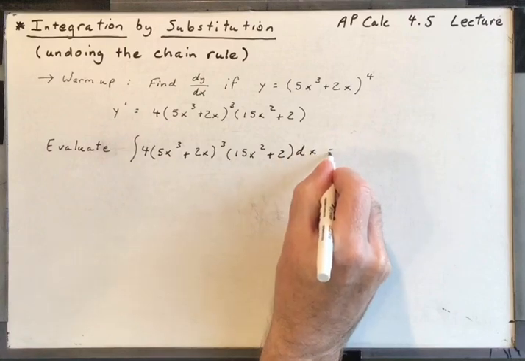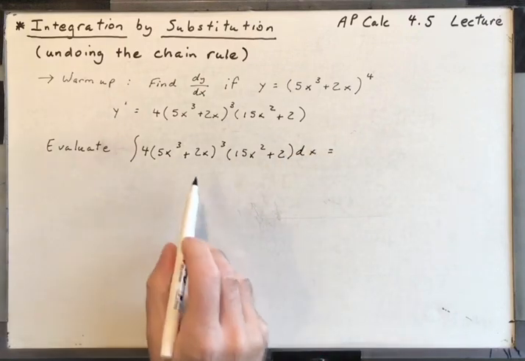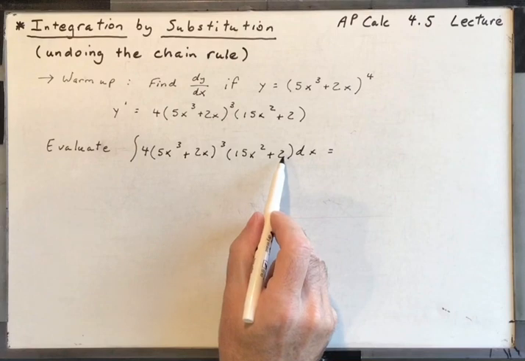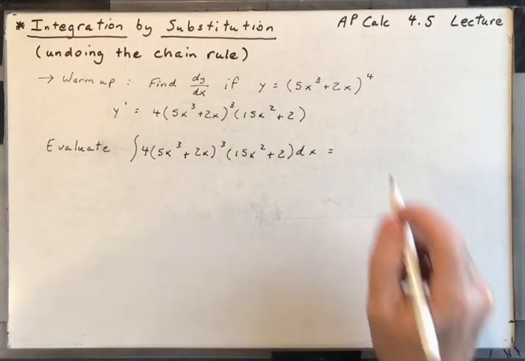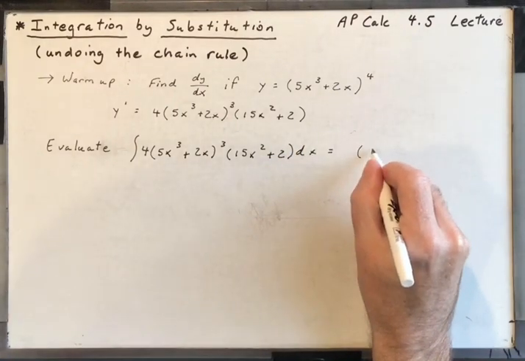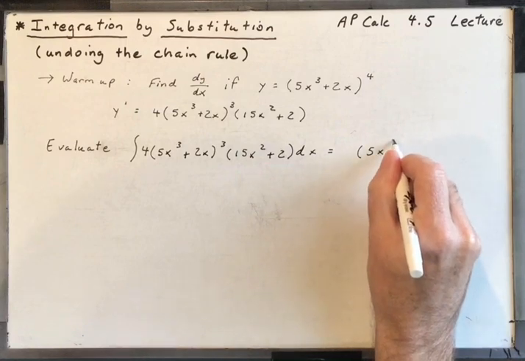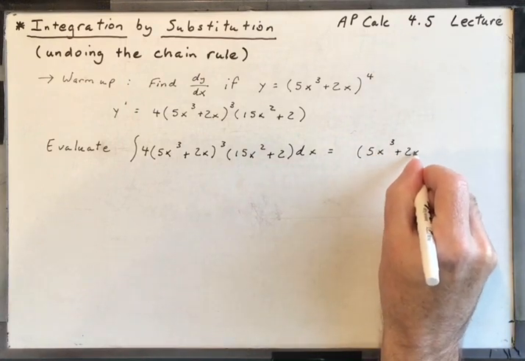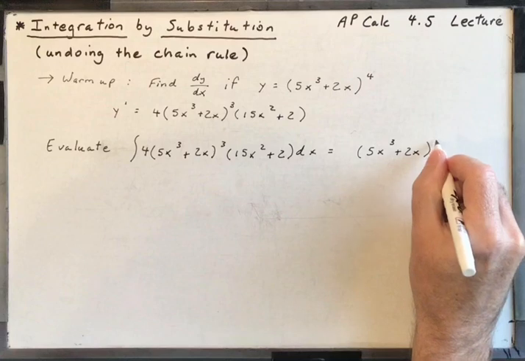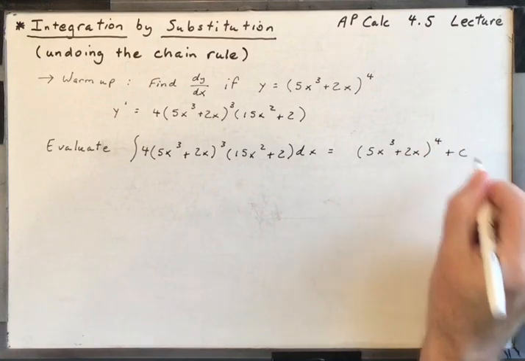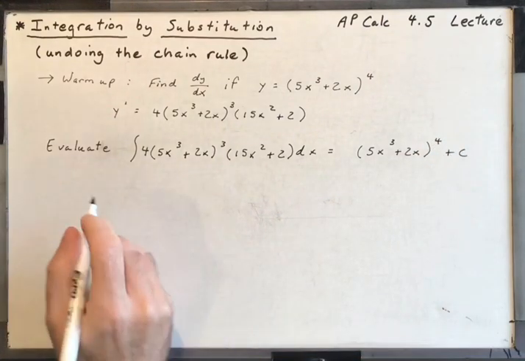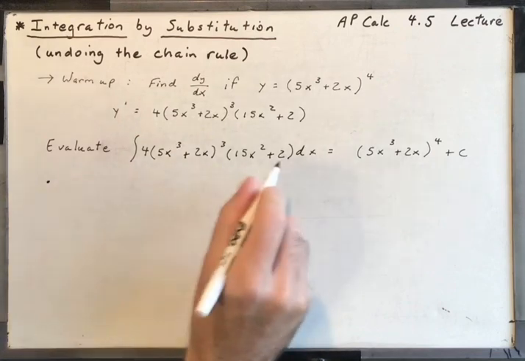Well, we know that if we integrate that, we're just going to go back to the original function. So it would be 5x cubed plus 2x to the fourth plus C. So I'm going to refer back to that in a second.